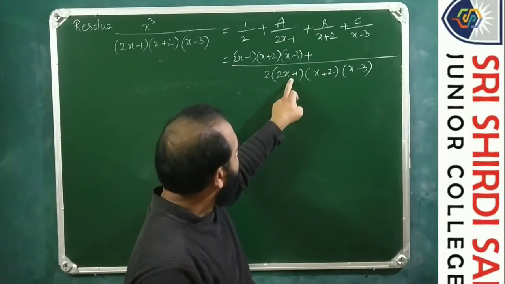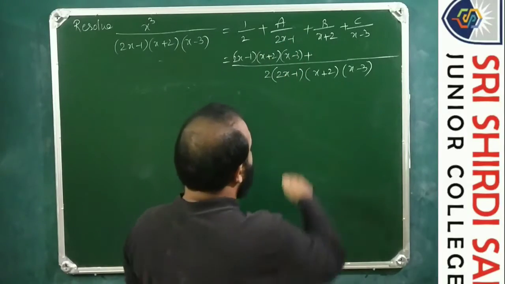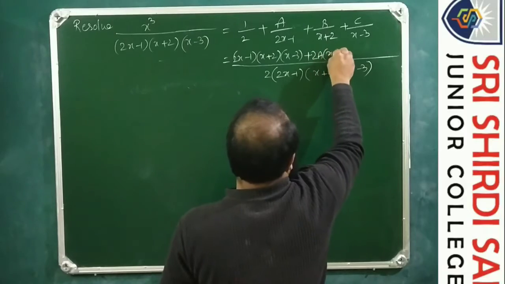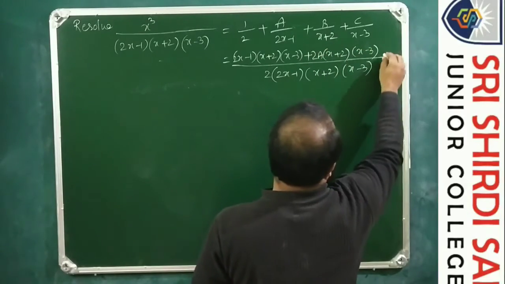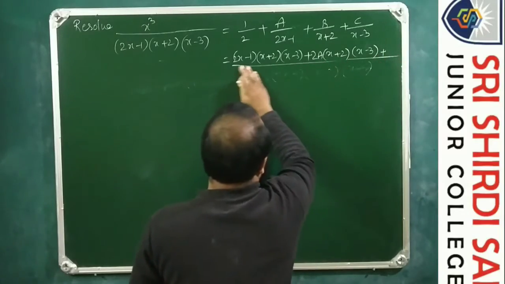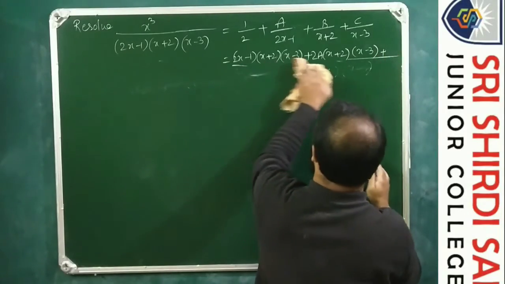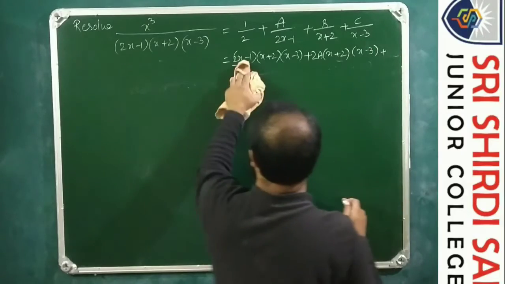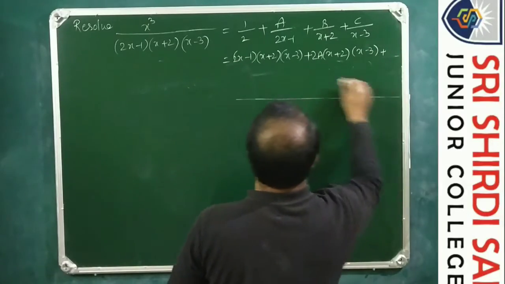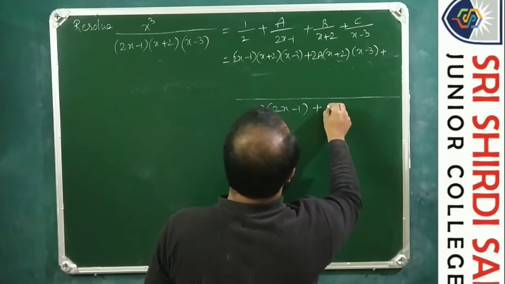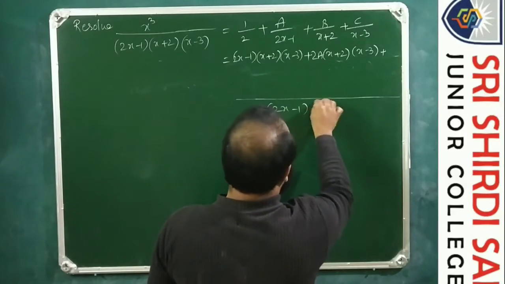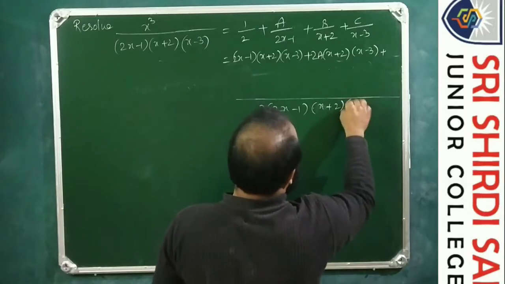So 2x minus 1 gets cancelled. 2 into A, 2A into (x plus 2)(x minus 3), plus 2 into (2x minus 1) plus B into (x plus 2)(x minus 3).